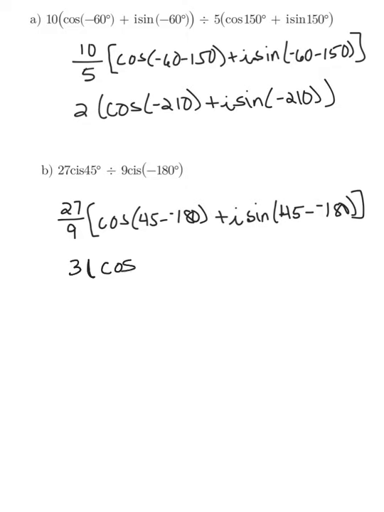Cosine, add those angles, you will get 225 plus i times the sine of 225.